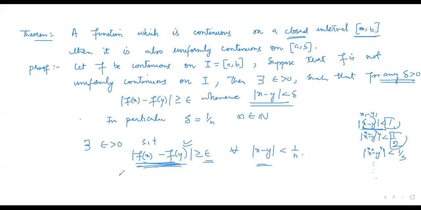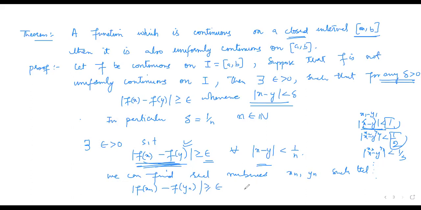So that means we can find real numbers x_n, y_n such that |f(x_n) - f(y_n)| is bigger than or equal to some epsilon for all |x_n - y_n| less than 1/n.